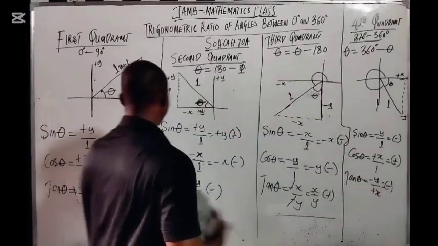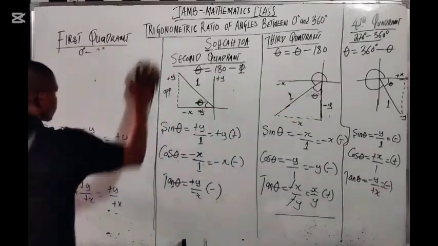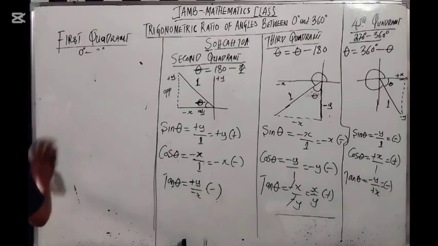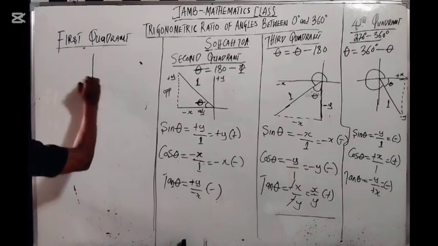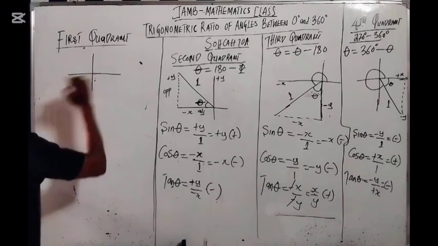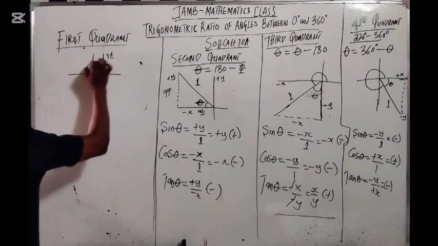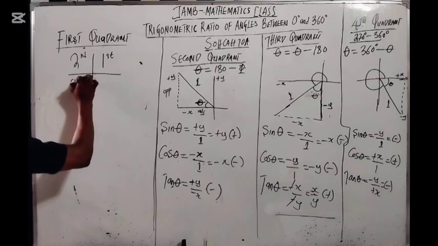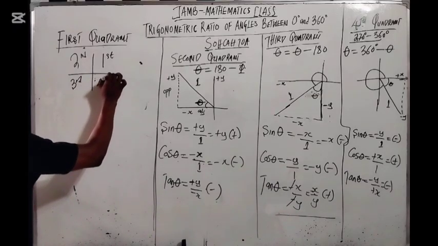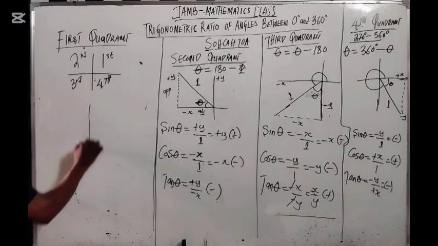So in summary, let me wipe this place out here. So first quadrant, second quadrant, third quadrant, and fourth quadrant. Okay. What happened here?